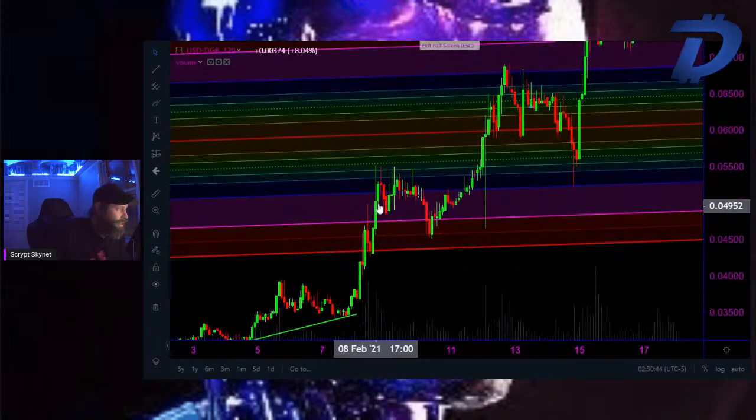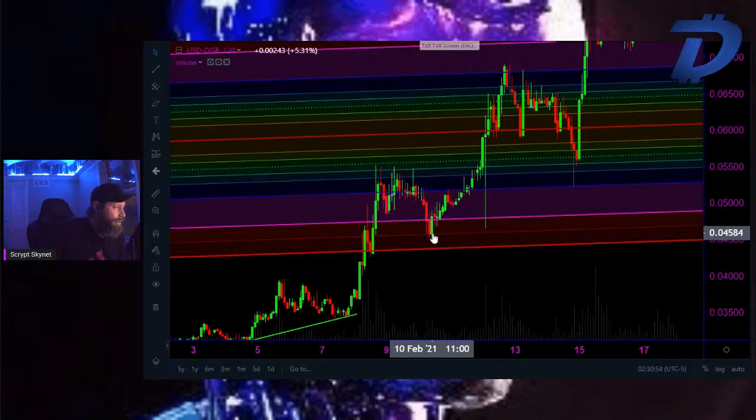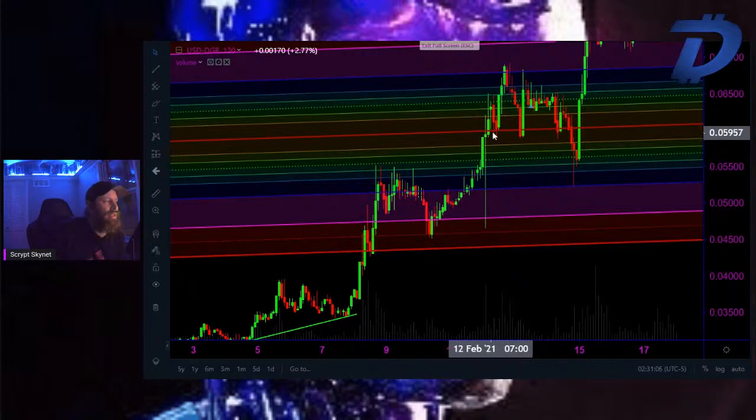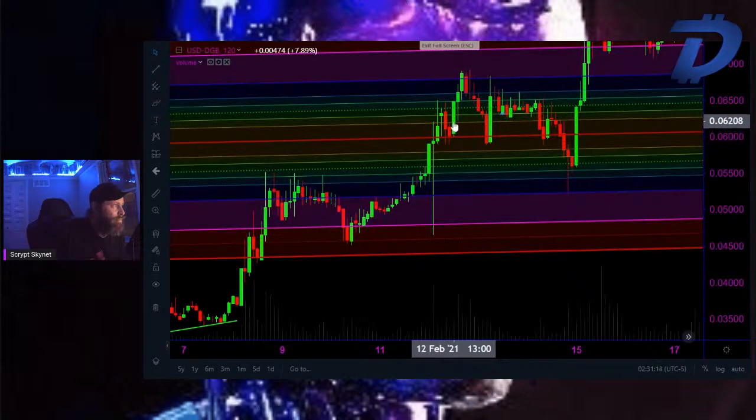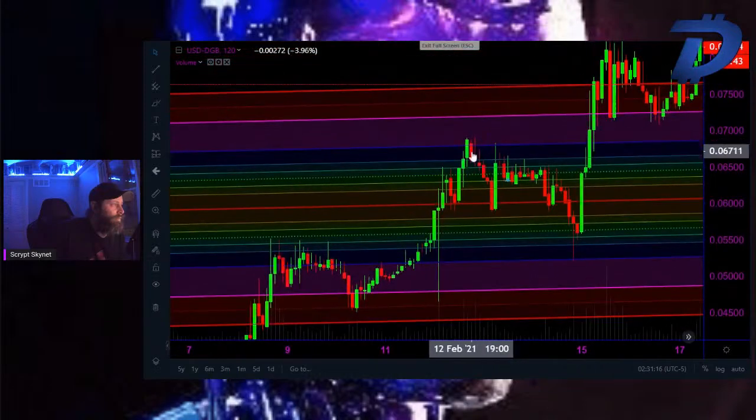So we bust through it, got rejected somewhere up here in these channels, this dotted green line, let's say, and it went down into the bottom of these channels on this dotted red line, and then we went up through the dotted green line that was previously resistance, broke through the median line like it wasn't even there, and went to the dotted green line, got rejected, found support on this median line, went back through, and got rejected on this blue line.